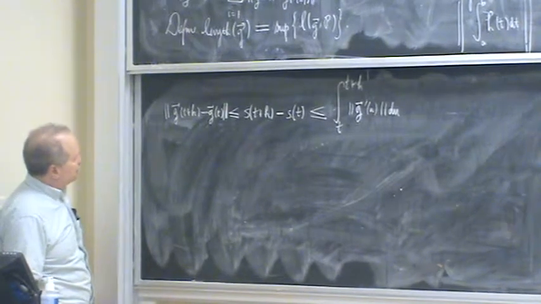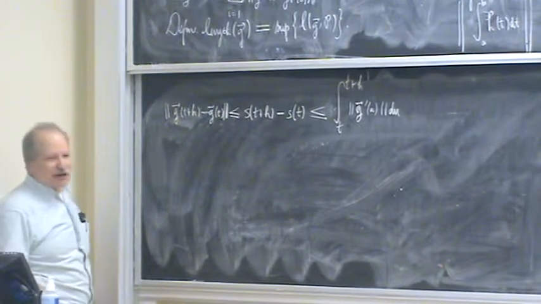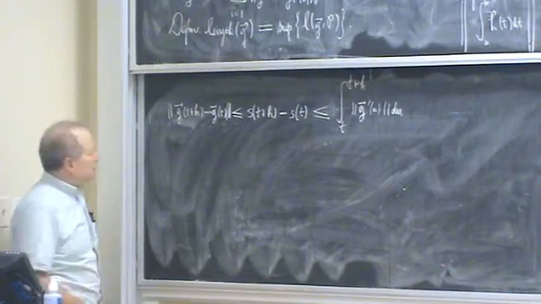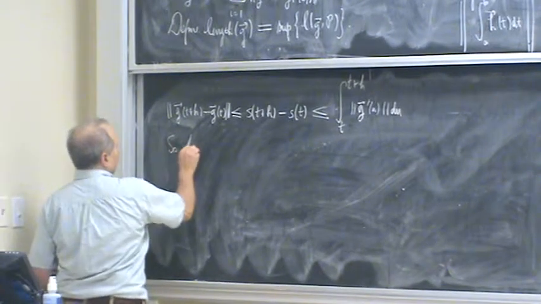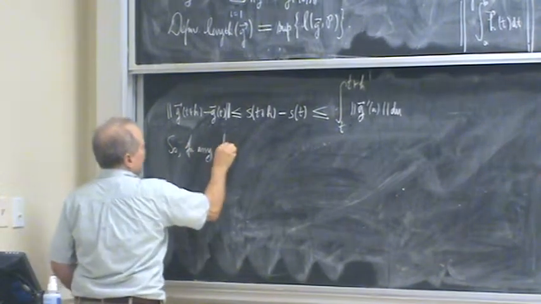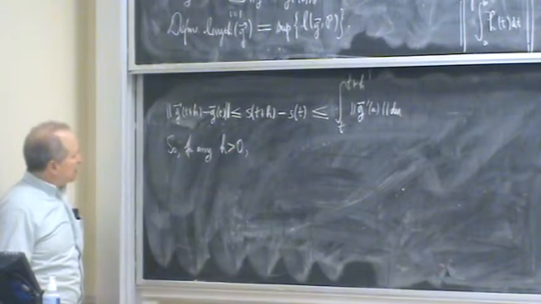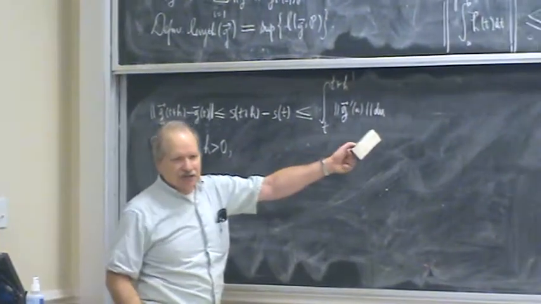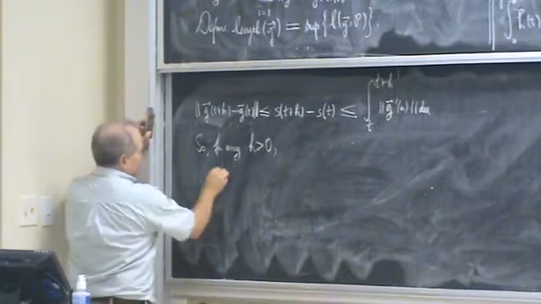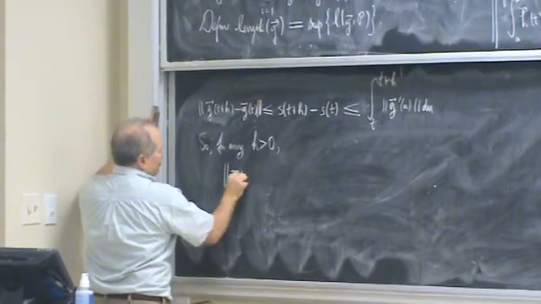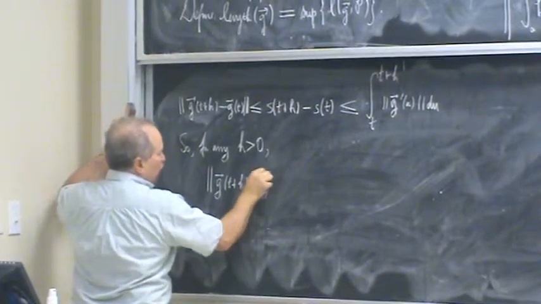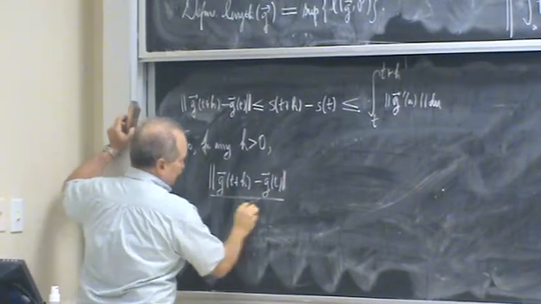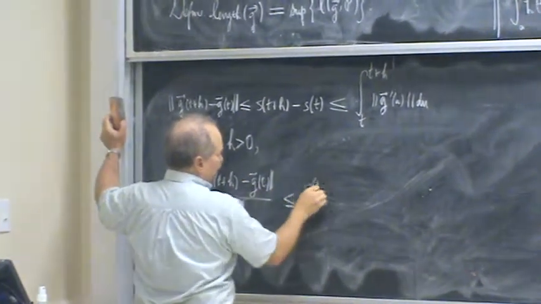So how can we somehow use the squeeze theorem? Let's consider positive h's and let's divide by h. And then it's going to look like what to you? Looks like a derivative.